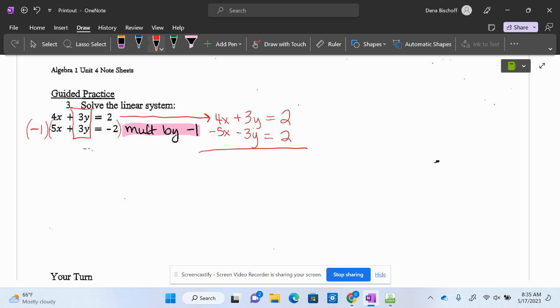And now I'm going to add those two equations together. 4x and negative 5x give me a negative 1x. A positive 3 and a negative 3 cancel out.